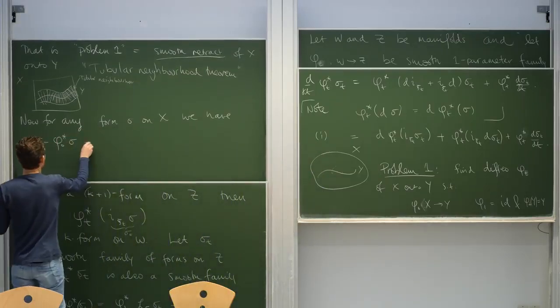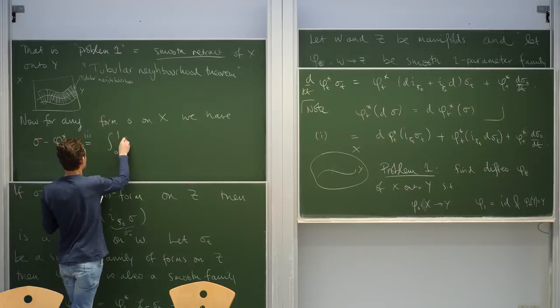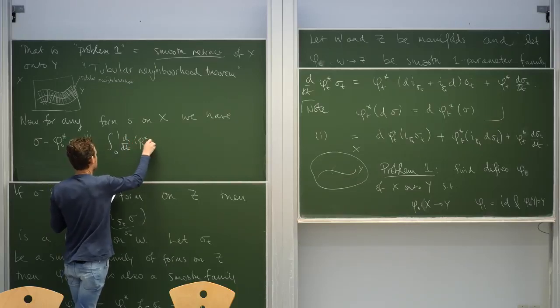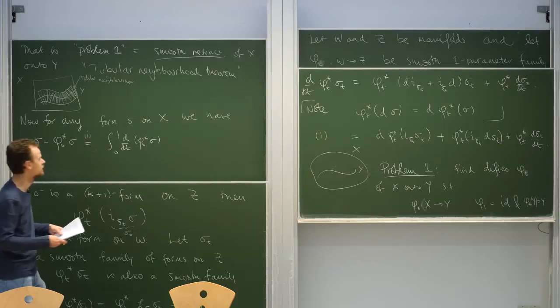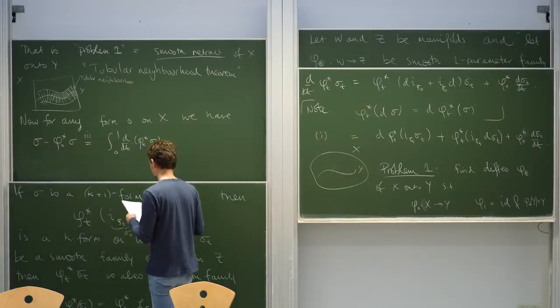So we're going to exploit 1. We're going to integrate it to write out a formula relating some form on X and its pullback under this diffeomorphism phi t, where phi naught at time t is naught.